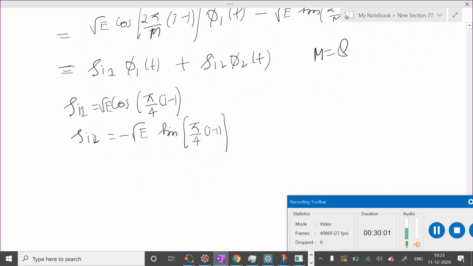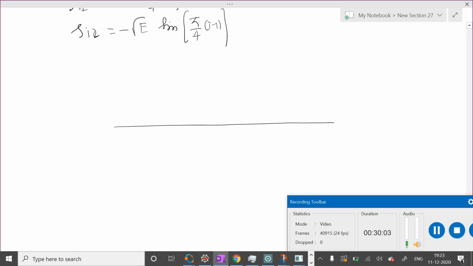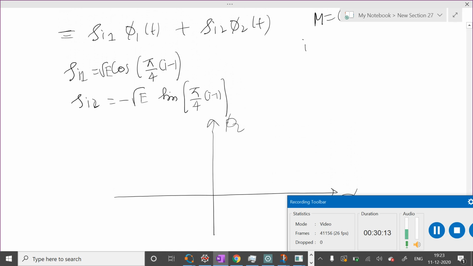Again you have the phi 1, phi 2 axis, but now you have 8 points. If you put i equal to 1, s_11 becomes cos of 0, which is 1, so it becomes root E. And s_12 becomes 0.